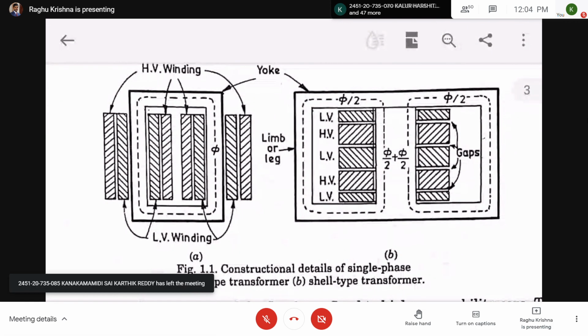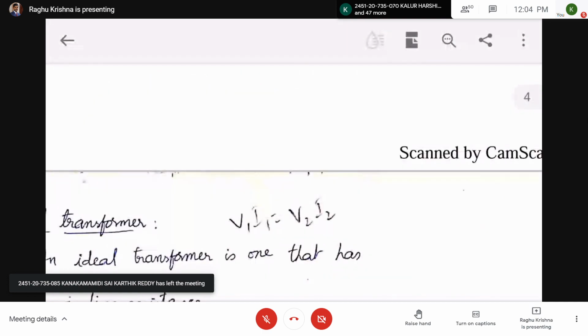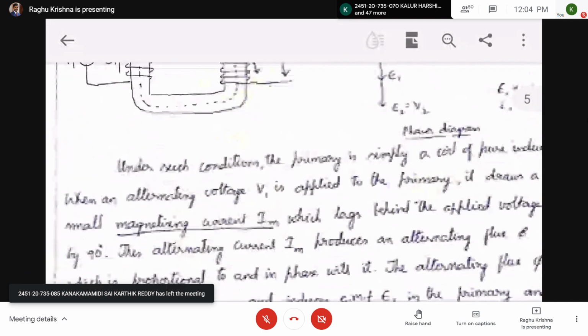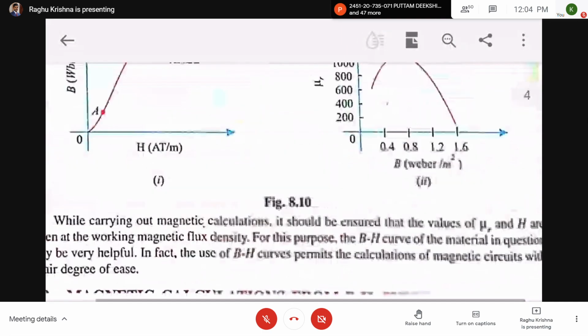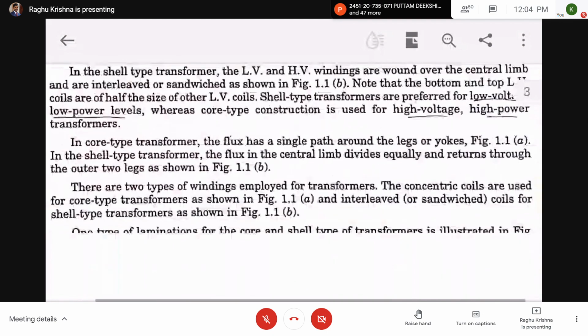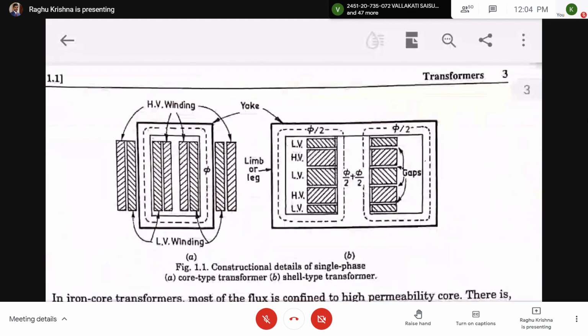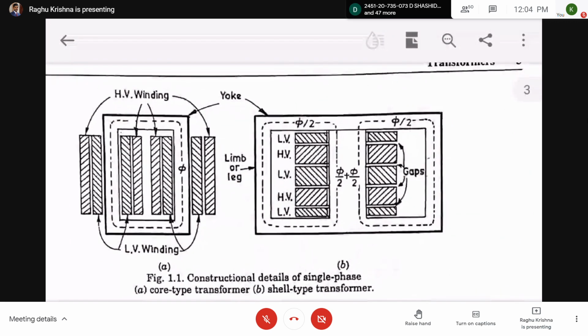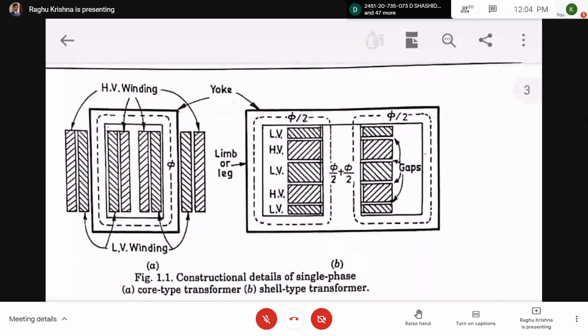Now if you see the second figure, figure B, in the central limb, the flux is phi by 2 plus phi by 2. Total flux is phi.